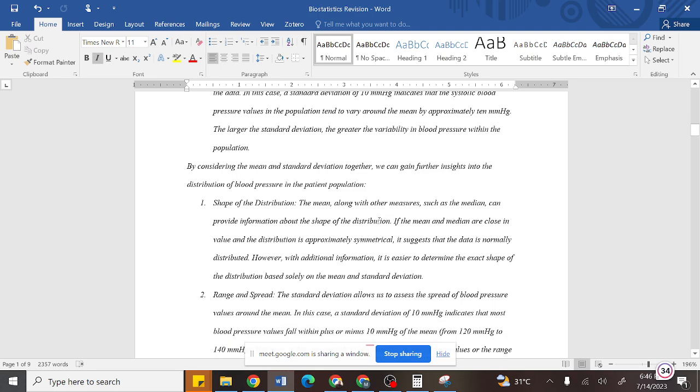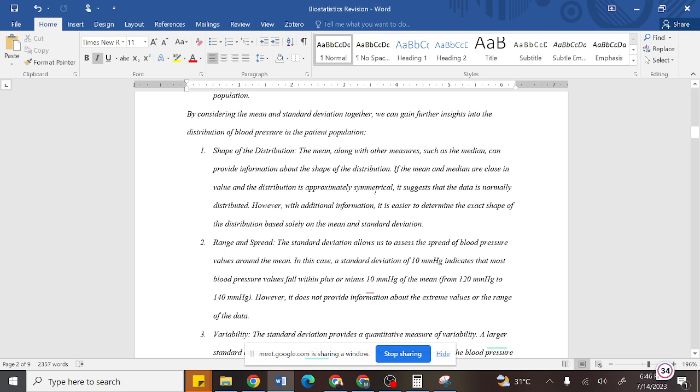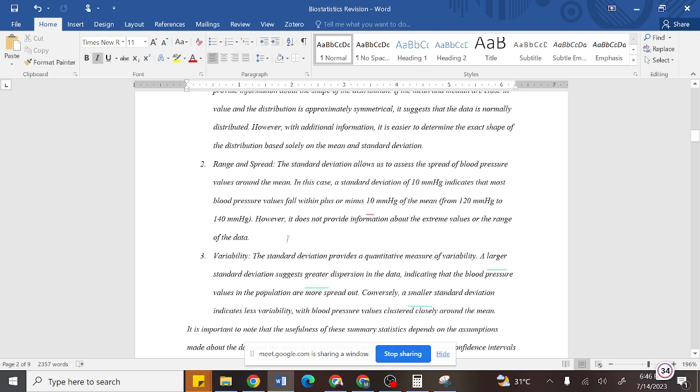Normal distribution, and the shape is bell-shaped. It suggests that this data is normally distributed, which I've explained. The standard deviation allows us to see how variable the values of the blood pressures are around the mean.